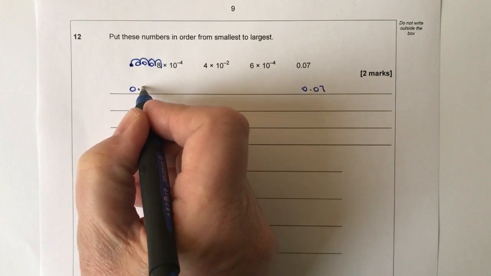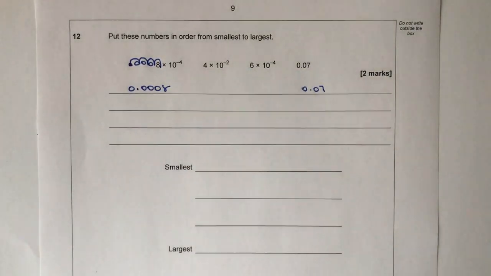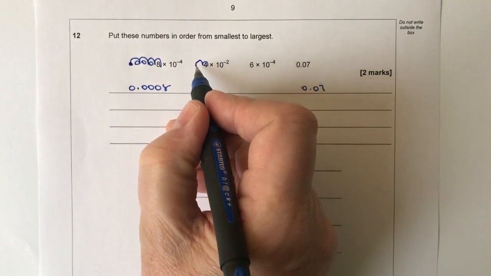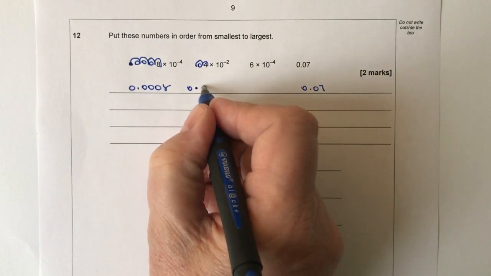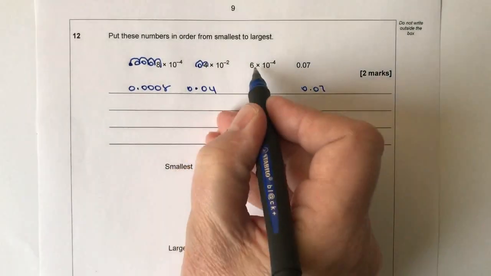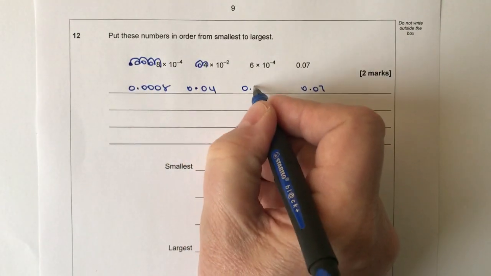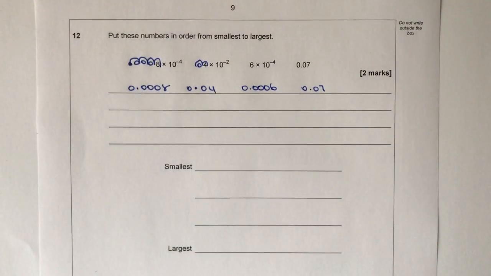So this particular number will have 3 zeros in it. Okay, next one is going to have 2 jumps, so that's 1 and 2. So it's going to have 1 zero in it, so 0.04. Okay, this one again, it's minus 4, so it's the same number, 0.0006, and then obviously that last one stays as it is.